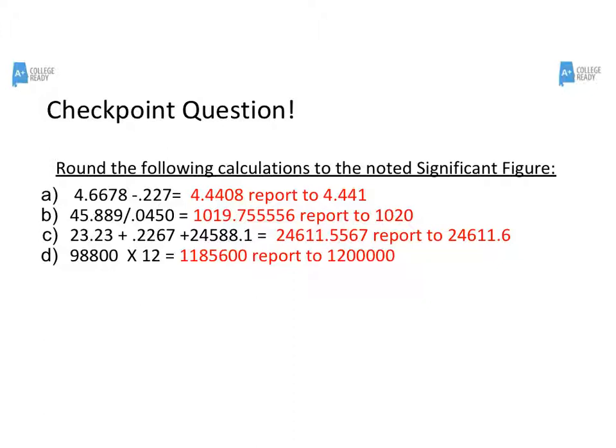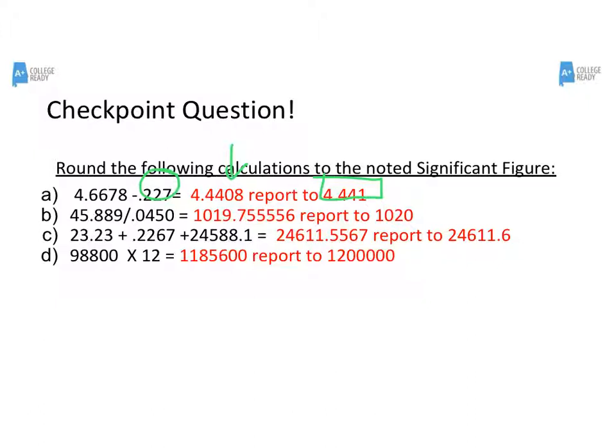But I need to report out my answer using the measurement that has the fewest number of digits past the decimal. That would be this one. It has only 3 places past the decimal. Therefore, I need to report out to that 0 place, which is the 3rd place past the decimal. I have the 8 round the 0 up to a 1, and so in terms of significant figures, my answer should be 4.441.